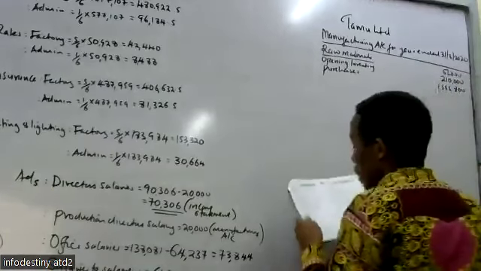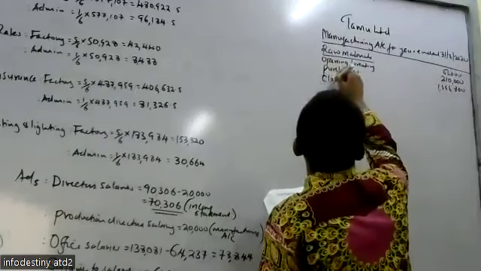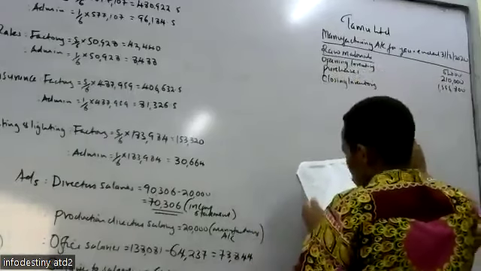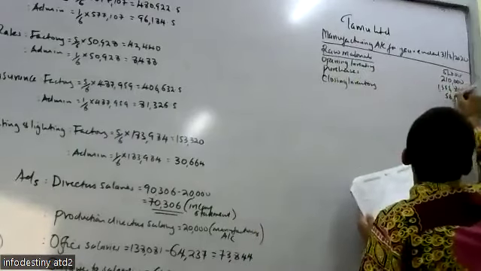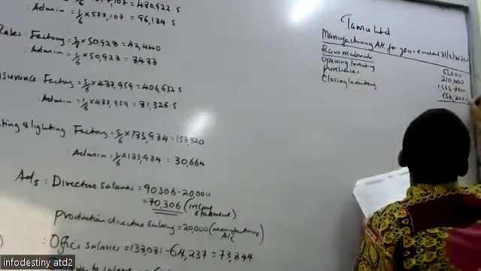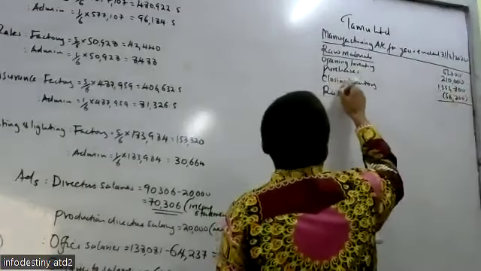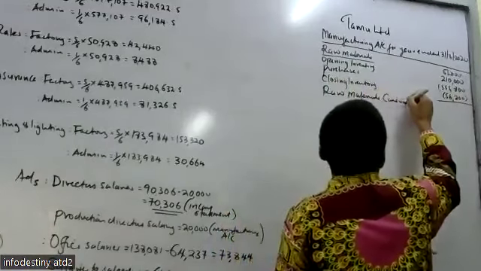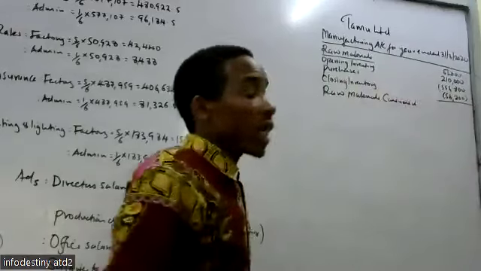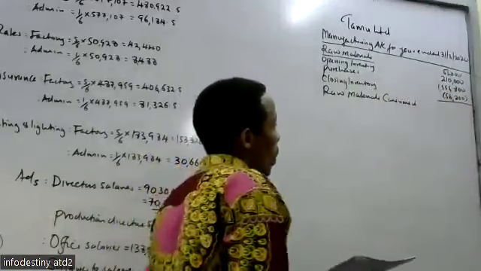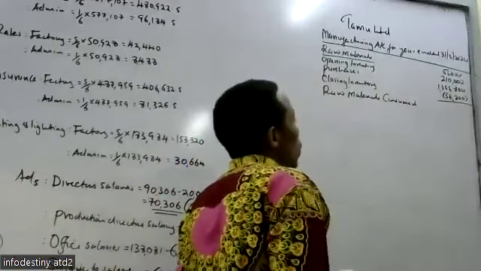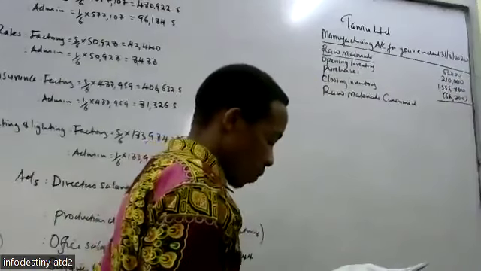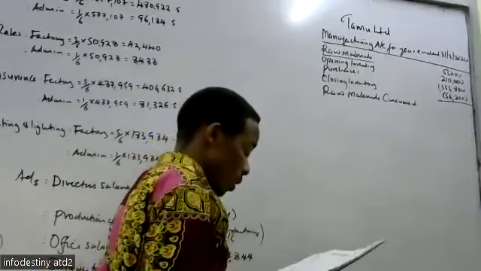So if those items are not there, that means you less the closing inventory, which is given in additional information 7, 56,200. And this will give us the raw materials consumed. So we have 210,000 plus 1,555,800 minus 56,200. We get the amount of raw materials which was incurred.